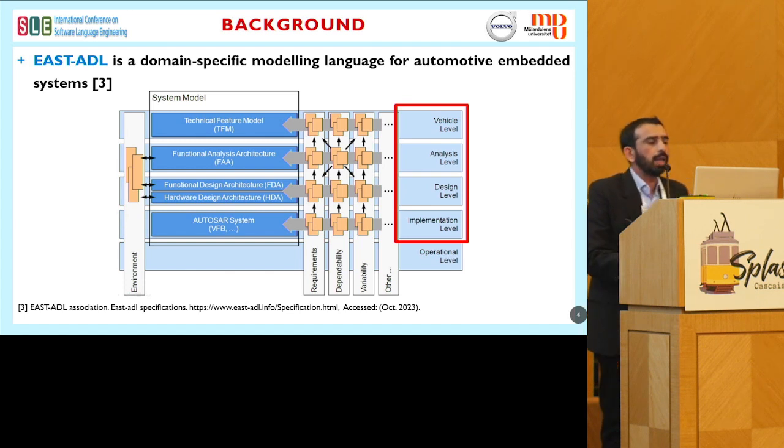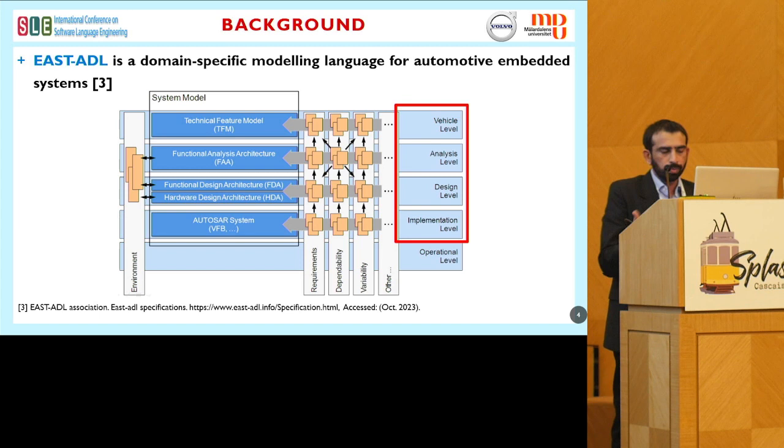The design level is divided into two further components: functional design architecture and hardware design architecture. So the functional level design is developed through the FDA, and hardware-related concepts are modeled through the HDA. Finally, the implementation level is dedicated to other languages like AUTOSAR and RCM.